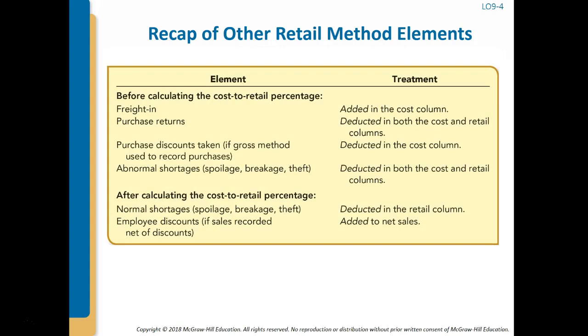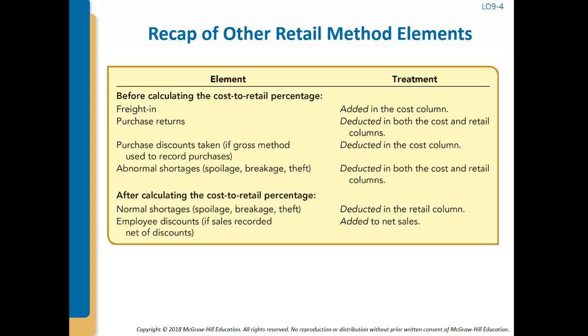To focus on the key elements of the retail method, we've so far ignored some of the details of the retail process. Fundamental elements such as returns and allowances, discounts, freight, spoilage, and shortages can complicate this method. So this is a recap of special elements in the application of the retail method. Freight in is added to the cost column before calculating the cost to retail percentage. Purchase returns are deducted in both the cost and retail columns.